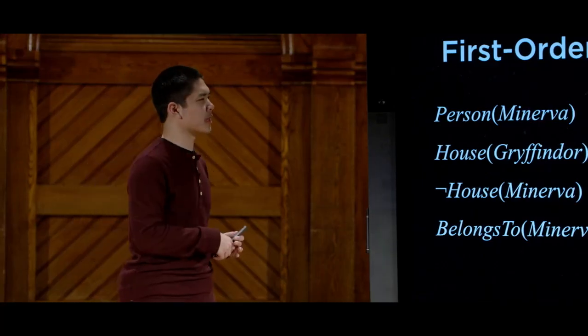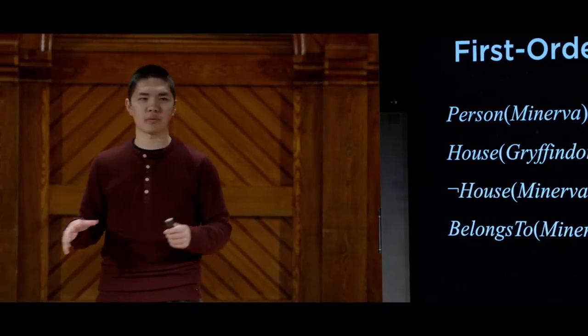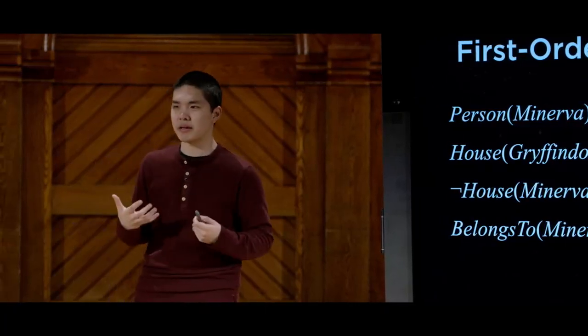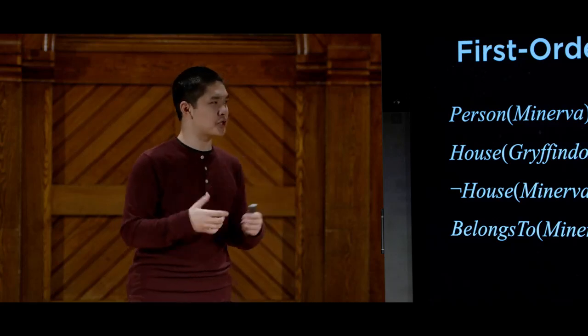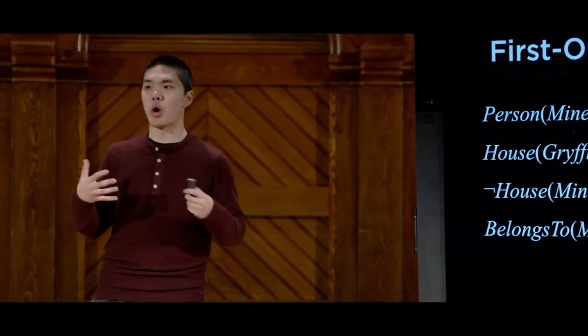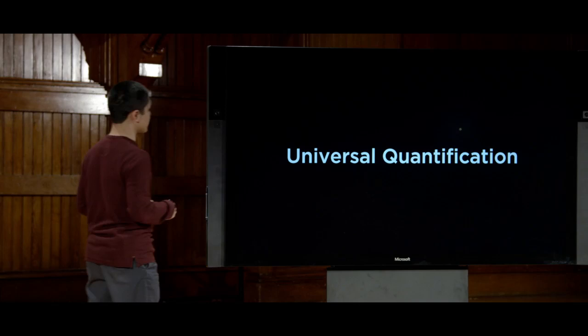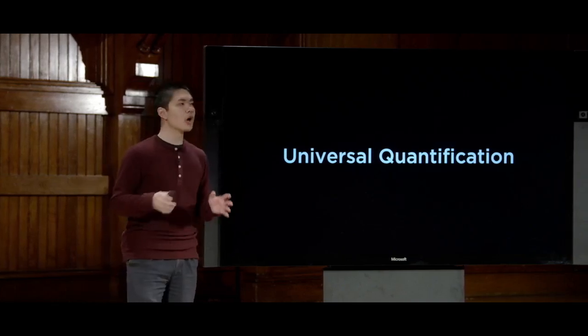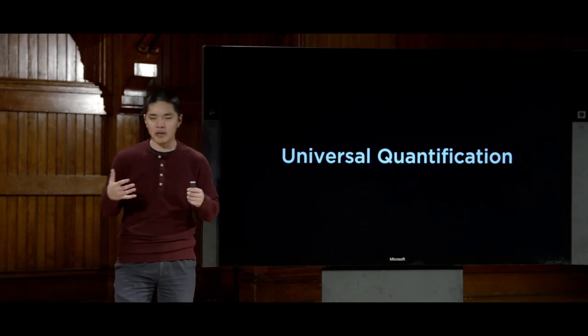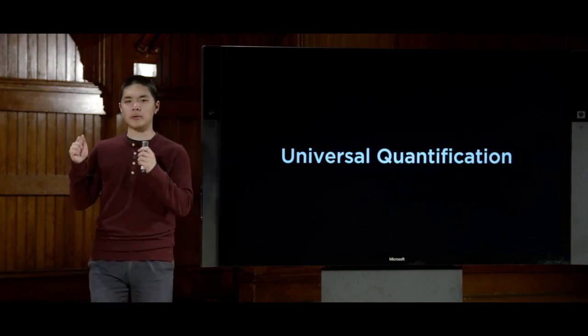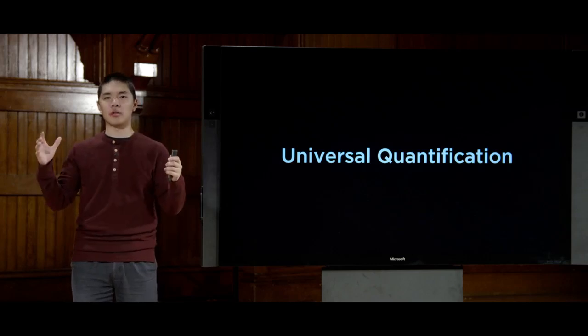But first order logic gives us a couple of additional features that we can use to express even more complex ideas. And these additional features are generally known as quantifiers. And there are 2 main quantifiers in first order logic, the first of which is universal quantification. Universal quantification lets me express an idea like something is going to be true for all values of a variable.